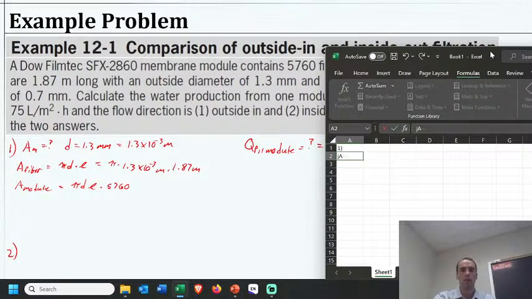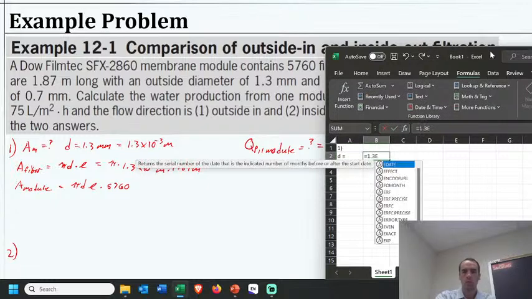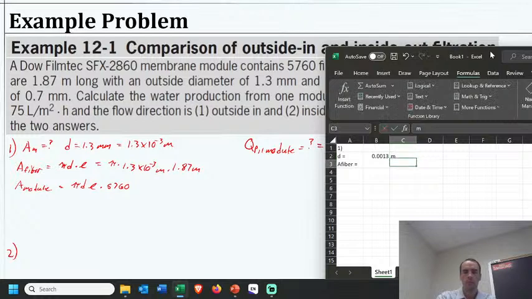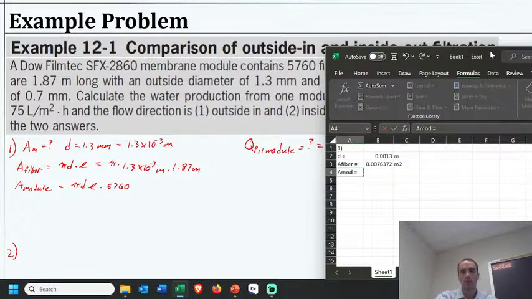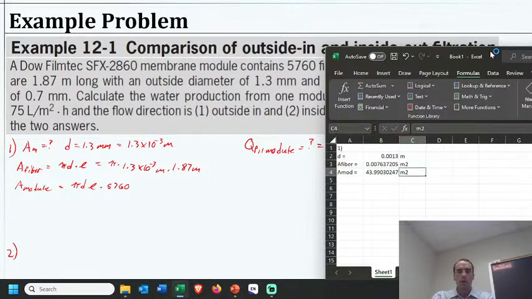All right, so we have area of a fiber. Area of one module would be equal to this times 5,760. So for one module, we have an area of basically 44 square meters.